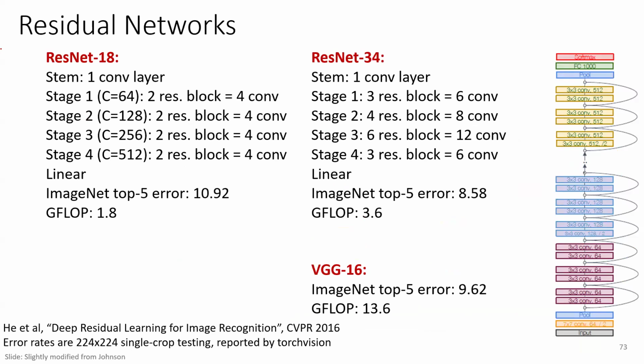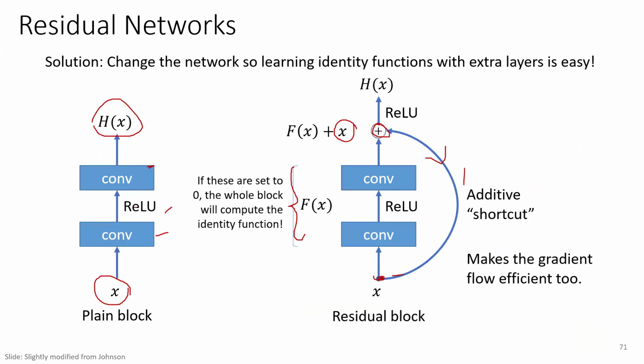There are different ResNet sizes, ResNet 18, ResNet 34, and so on. So we will briefly study some of those things. This one is ResNet 18. First of all, the stem has one convolution layer. Stage one has two ResNet blocks, that means 4 convolutions. Remember, each ResNet block has 2 convolution layers.